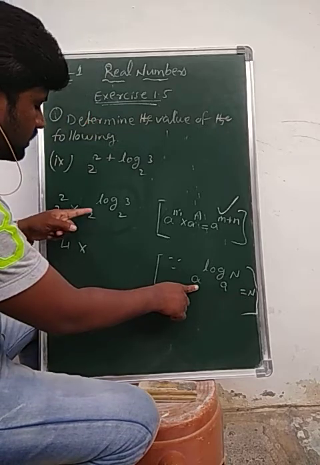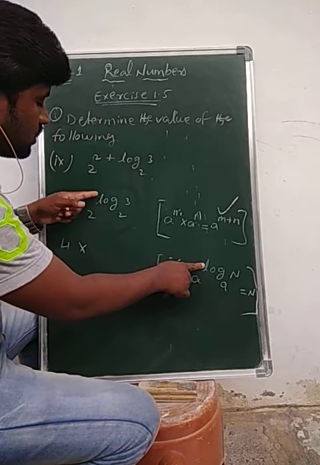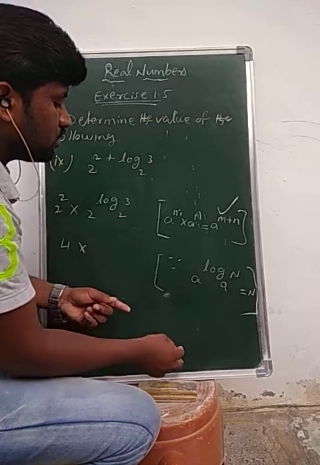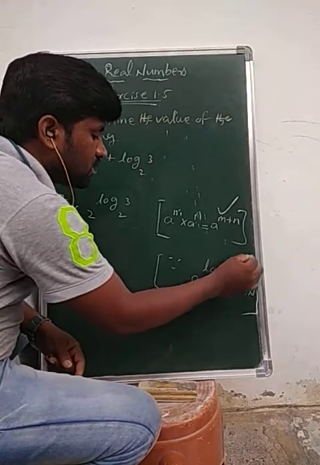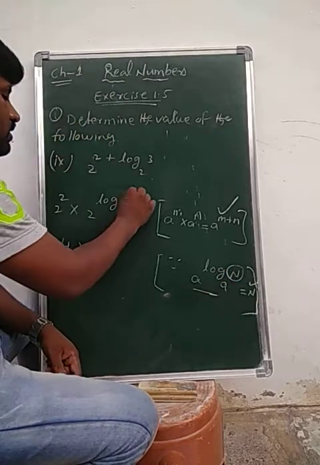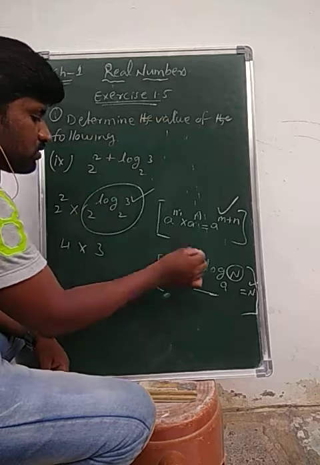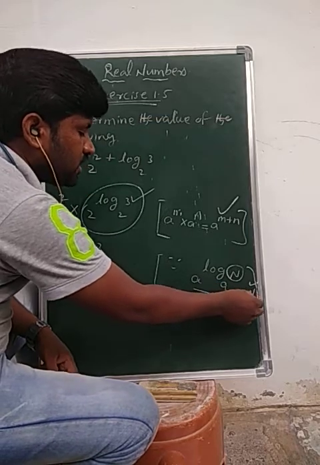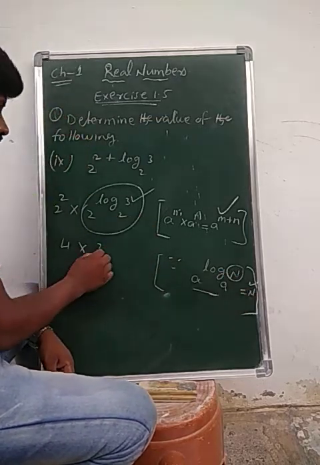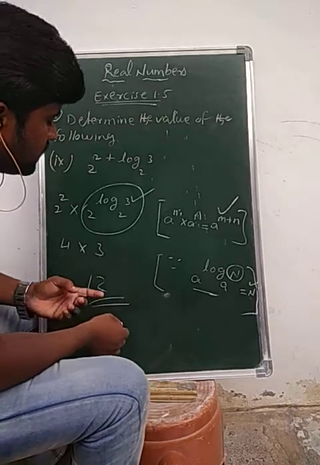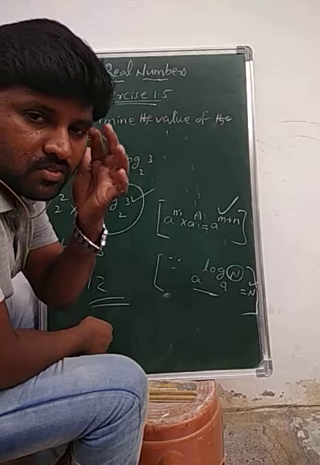Here a is 2, n is 3, and the base is 2. So this is the required answer. Here n is 3, so this whole part can be written as 3. So 4 times 3 is equal to 12. This is the required answer for this question.